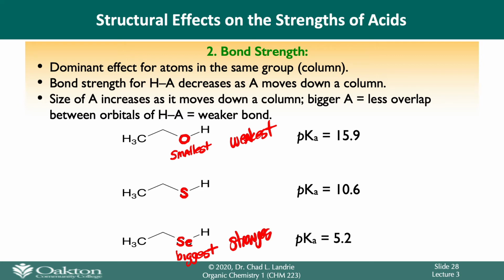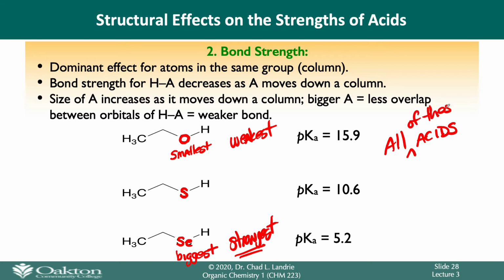Now, one point that I want to make, because we're using this word strong: these are comparison words, weakest and strongest. We're not necessarily saying weak and strong. All of these acids are weak acids. Let's make that clear.